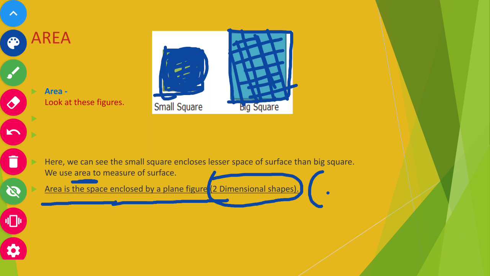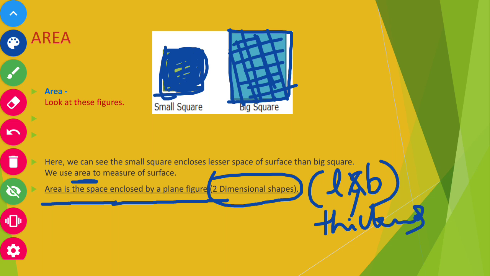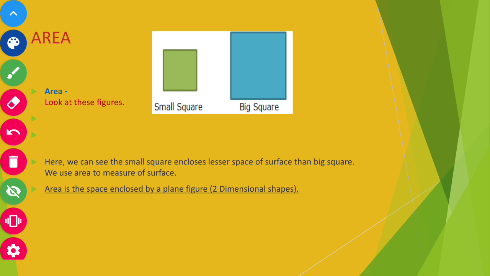In a two-dimensional figure, it has only length and breadth. It doesn't have what? Thickness. Is that clear, children? Area is the space which is enclosed by a plane figure, or the measure of the surface enclosed by a closed figure is called area.